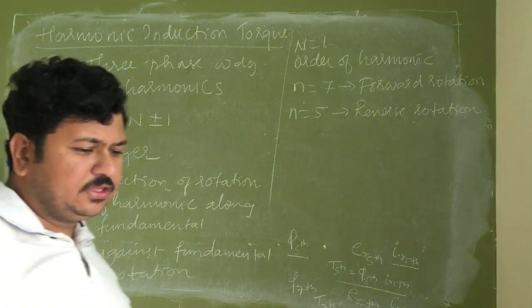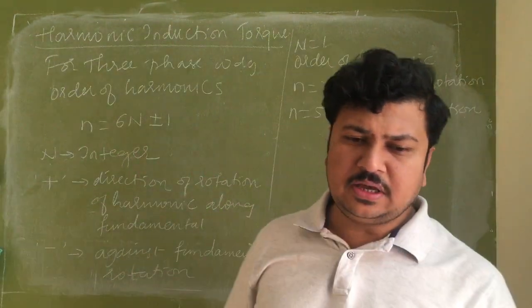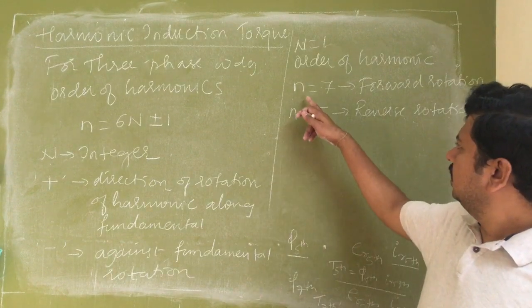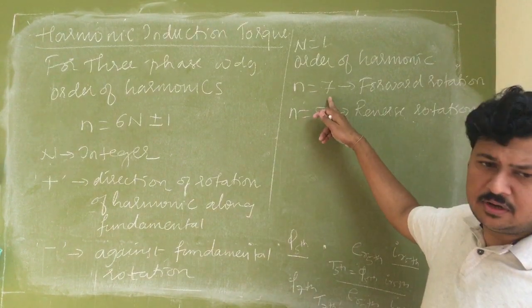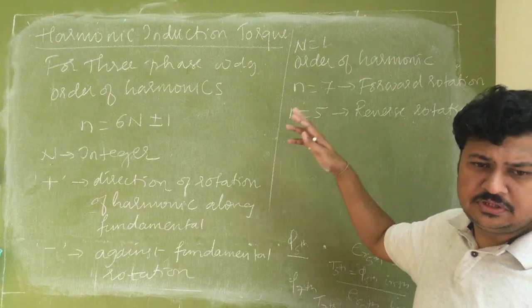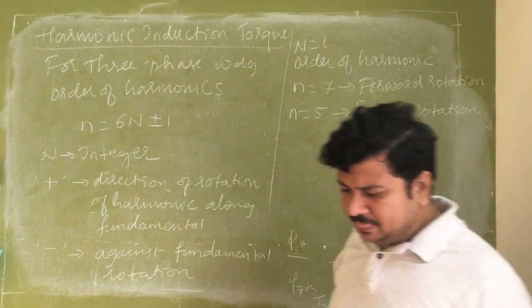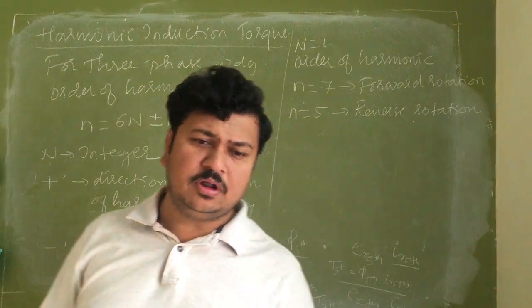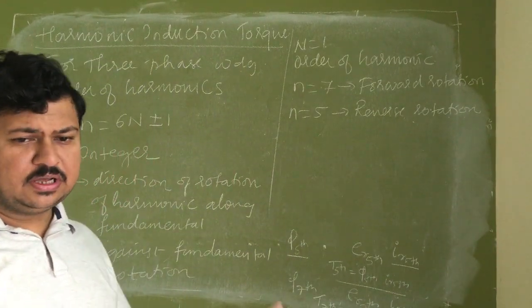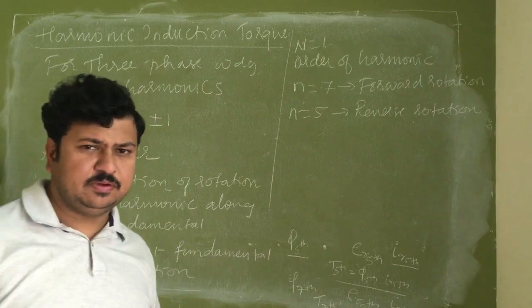Now, a three-phase winding carrying current in the stator produces a harmonic content of 7th order, which is of forward rotation, and a harmonic content of 5th order, which is in reverse rotation. Now, these 7th and 5th order harmonics are in the flux wave, because they are in the current. If it is in the current wave, it will be in the flux wave.